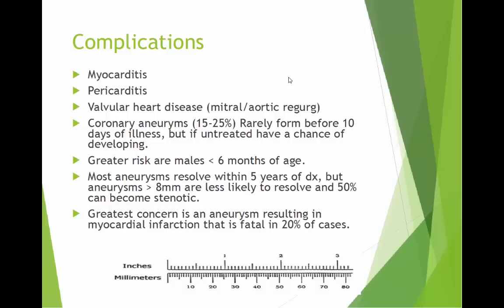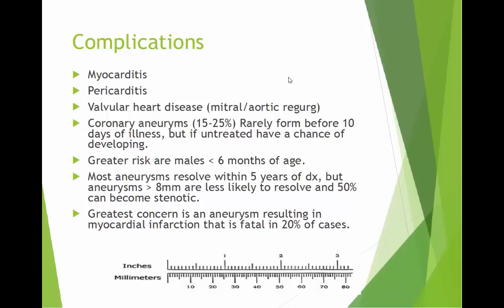The echocardiogram should detect any type of coronary artery disease, aneurysm, pericarditis, or myocarditis. For prognosis, without therapy the mortality is 1%. It sounds low, but it's very significant for the pediatric population, usually occurring at 6 weeks of onset. With adequate therapy, the mortality drops to 0.17%.